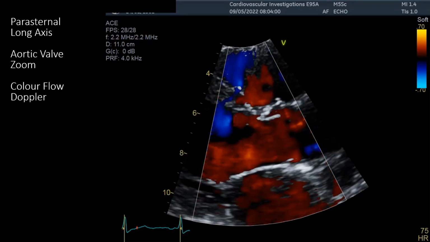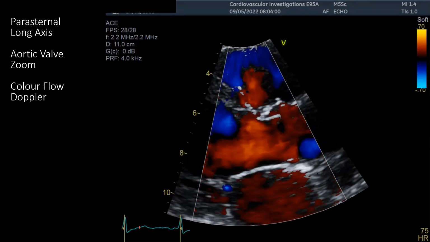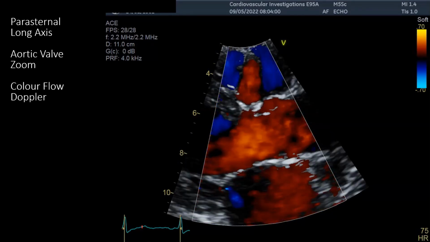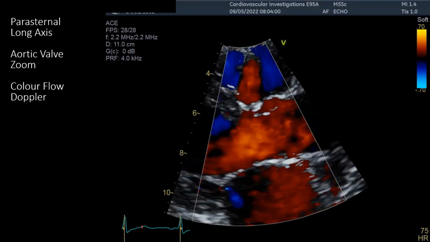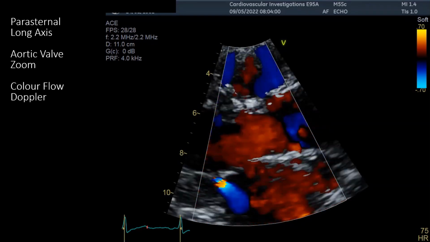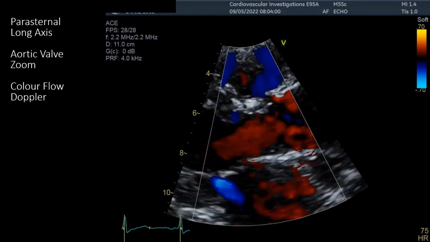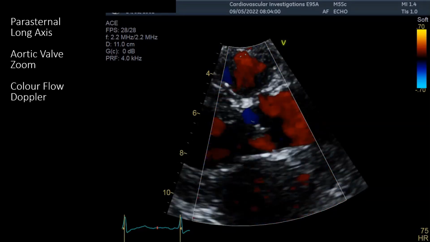This is a color flow Doppler image now across the aortic valve, and in color flow Doppler, we are seeing the velocity of blood flow represented as color, either being red, which is movement towards the probe, or blue, which is movement away from the probe. The blood flow in this case across the aortic valve is neither towards nor away predominantly to the probe marker, and so there's a mix of colors.